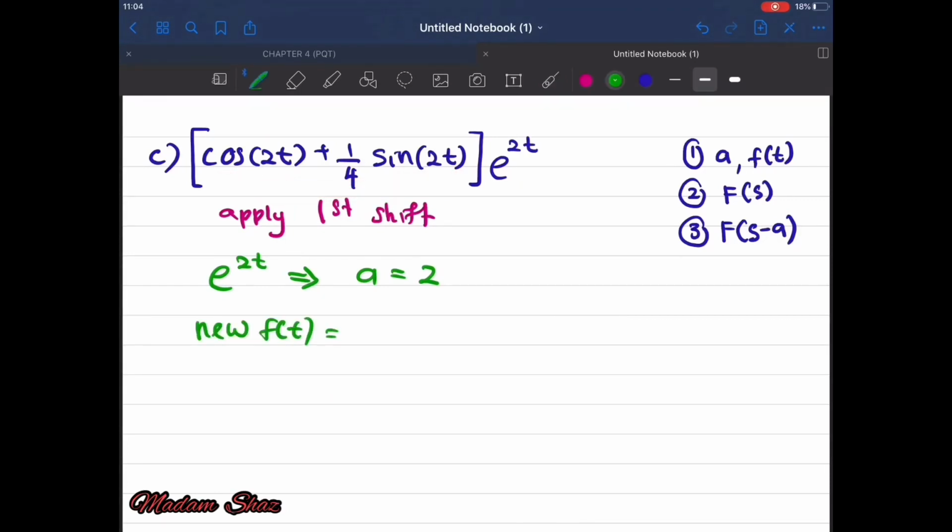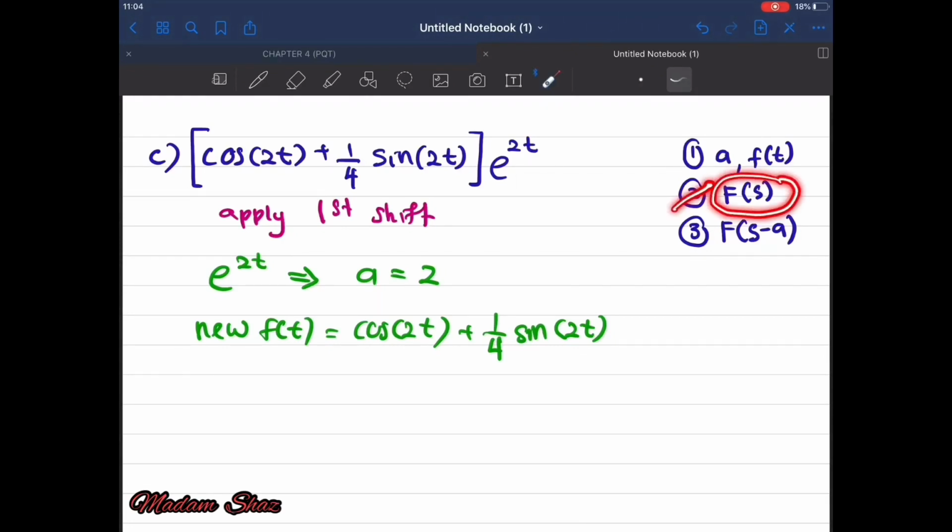So new f(t) is equal to cos 2t plus 1 over 4 sin 2t. From this new f(t), we want to find the F(s). So second step, from new f(t), we want to find our F(s).